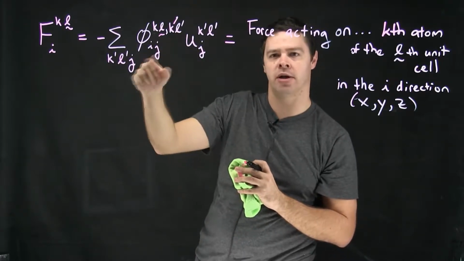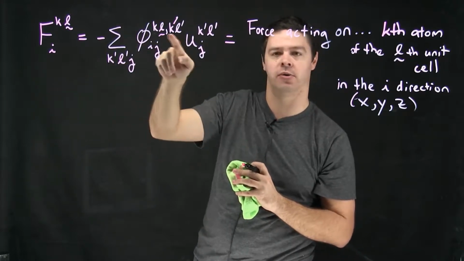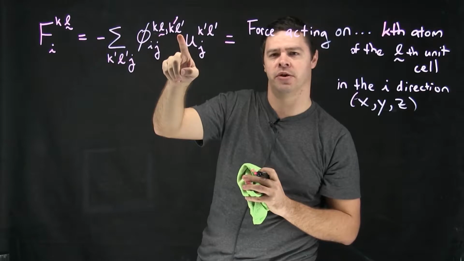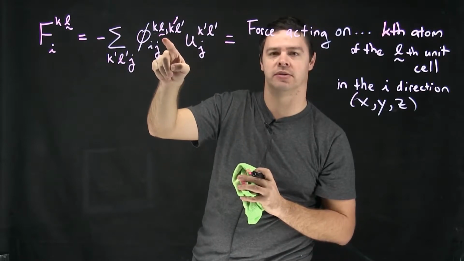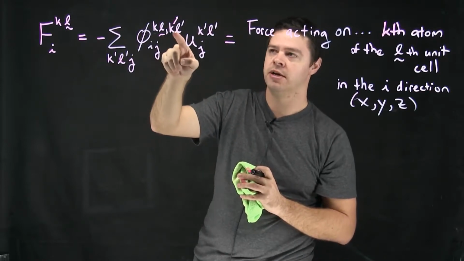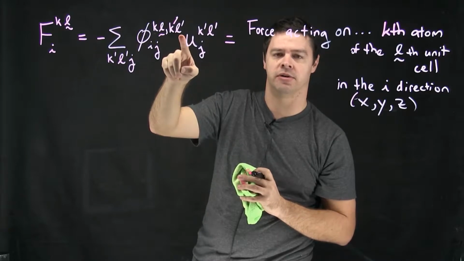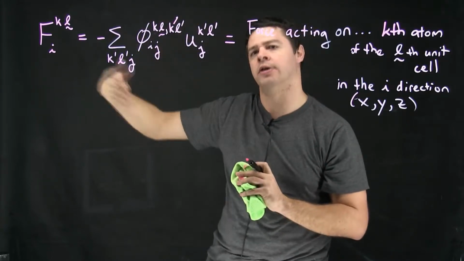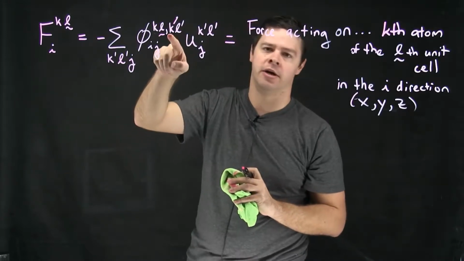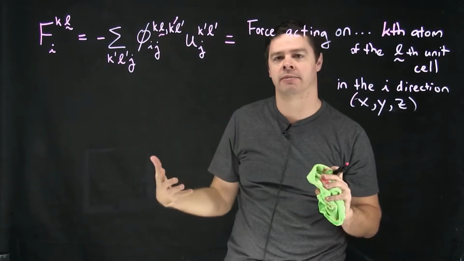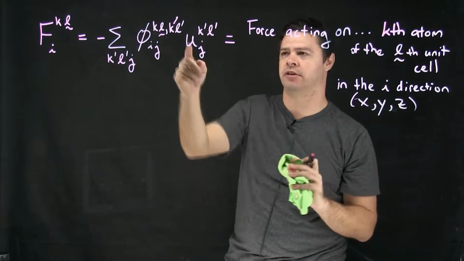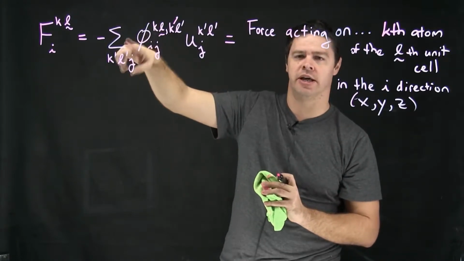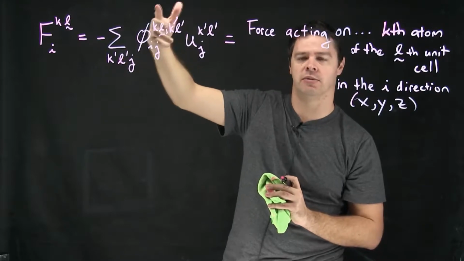That might include the atom itself, but it also includes atoms that are a distance away. If we're talking about the 0th unit cell, those interactions might include atoms that are in the 0th unit cell, but also ones that are 1 or 2 unit cells away. And in principle, there's more than one atom in those unit cells, so I have to distinguish which atoms are interacting with which. So these are essentially like spring constants that are associated with that.